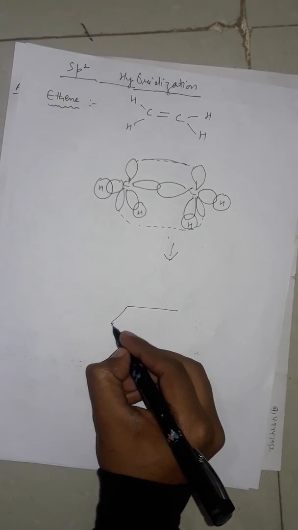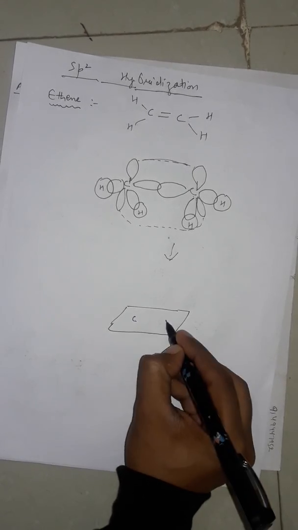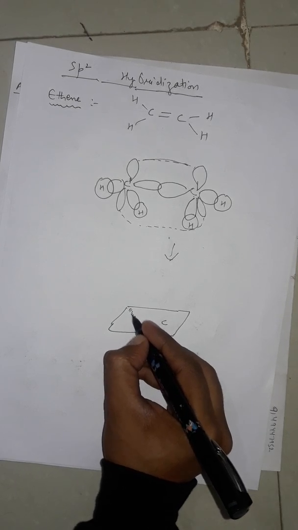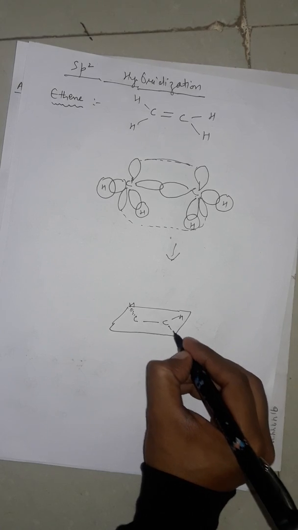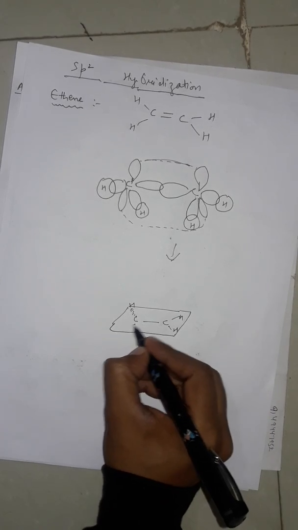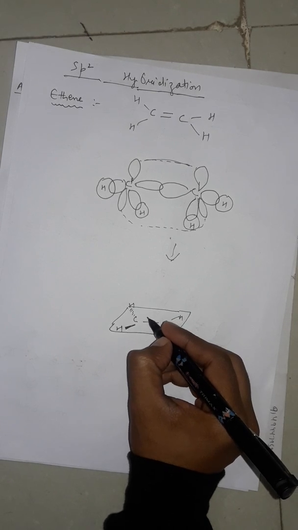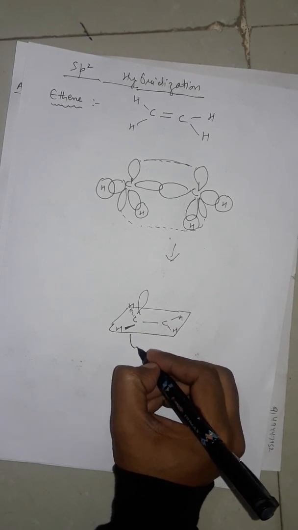This is the plane of paper, and here is C, here is C, here is hydrogen, this is a sigma bond, this is hydrogen, this is hydrogen, and this is hydrogen, but this is the unhybridized orbital.